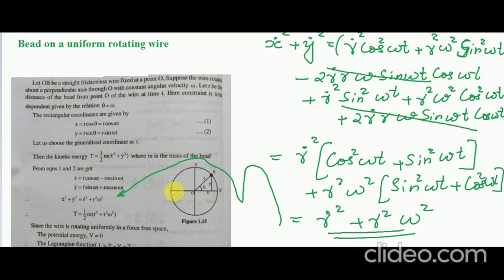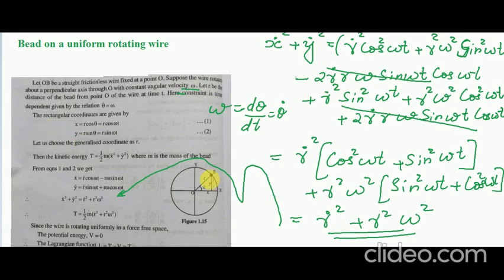So this wire is rotating with an angular velocity omega, and r is the distance of the bead from the point O at a time t. Then angular velocity omega is d theta divided by dt, that is represented as theta dot. So here the constraint is that angular velocity is constant.